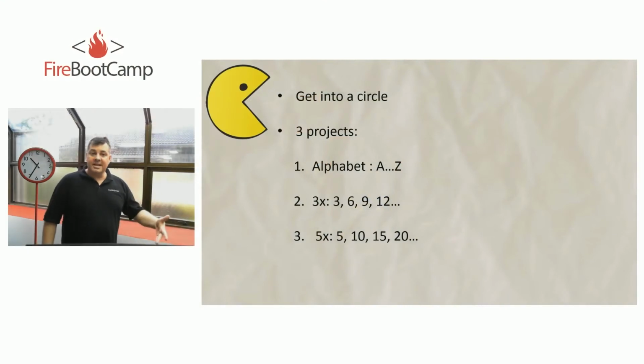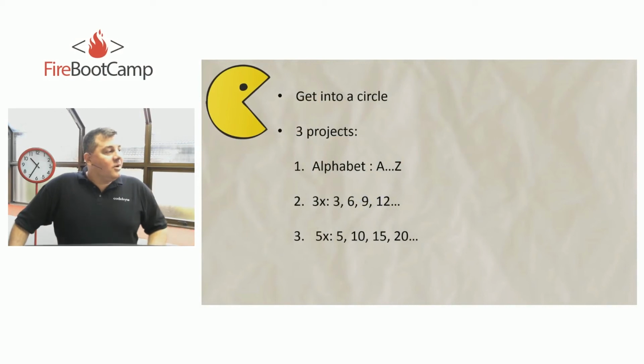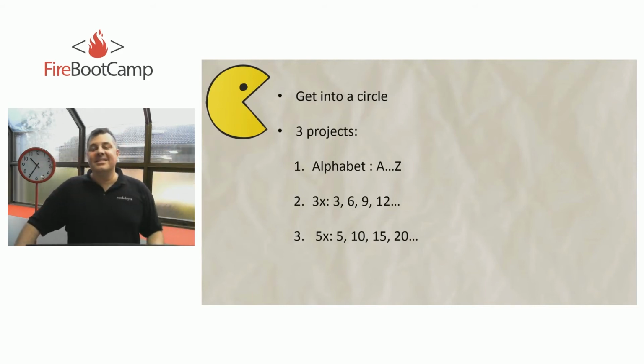Excellent. 16.75 seconds, so let's put it at 1675. For the next project, we're going to go in multiples of 3: 3, 6, 9, 12, until we reach 30, because we're 10 people.